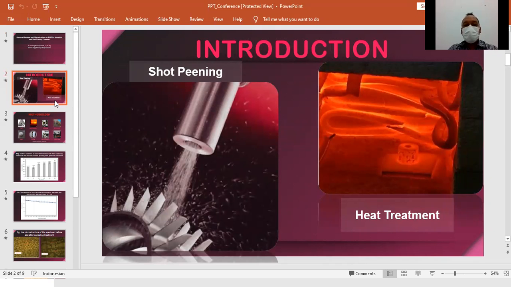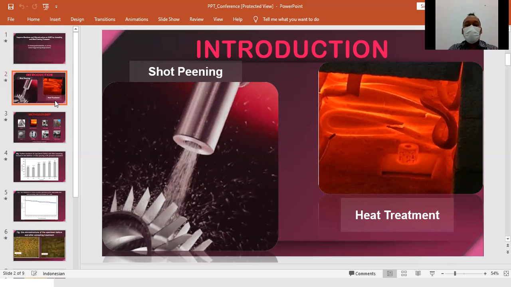The industrial world is currently multiplying the need of materials. S45C steel is increasing in use, which is used to manufacture machine components. Efforts to improve the mechanical properties of steel can use heat treatment and surface treatment.